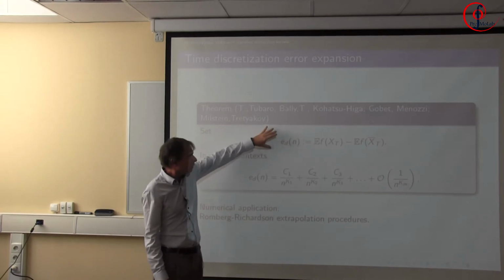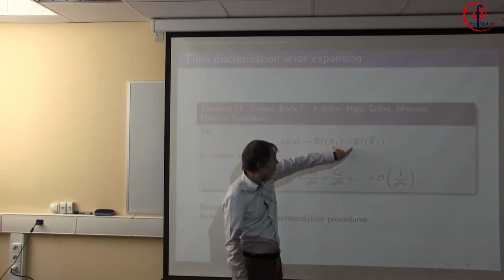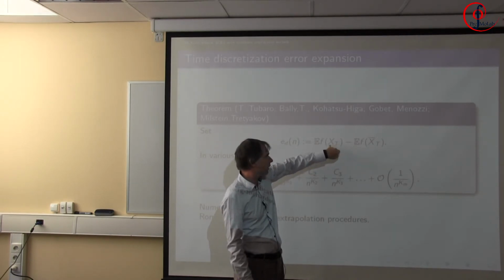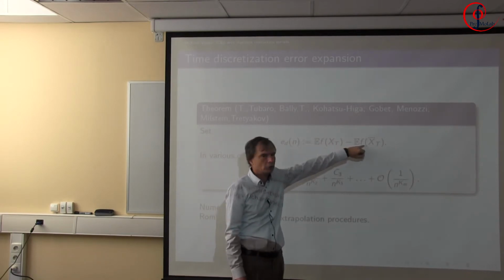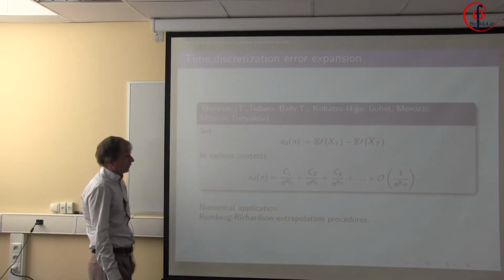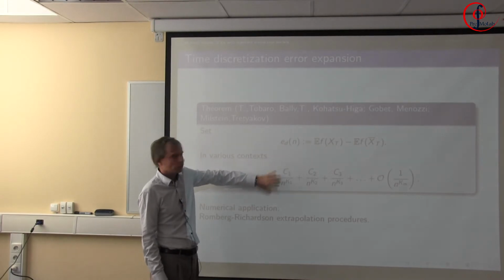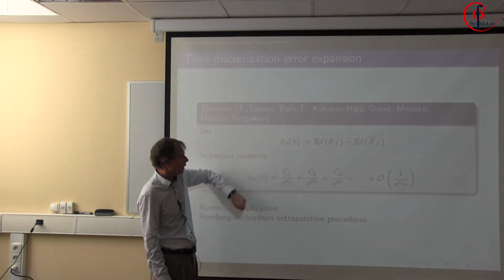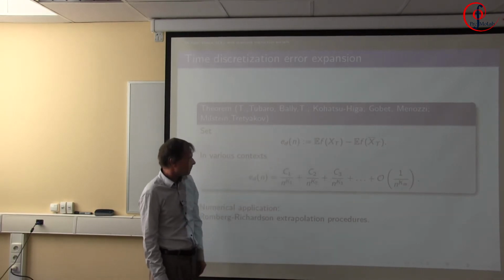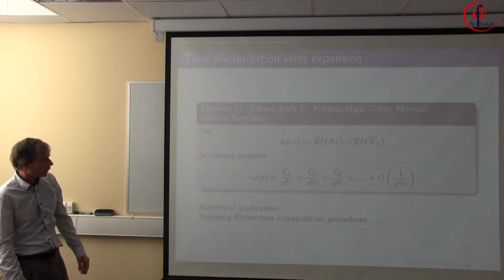So in extremely various situations, the discretization error, that means the part of the error which tells you how you approximate the exact distribution of capital X by the distribution of the Euler scheme, this discretization error can be expanded with respect to 1 over n. So it's not a bound for the error, it's an exact formula. So typically there is no ellipticity condition at all.